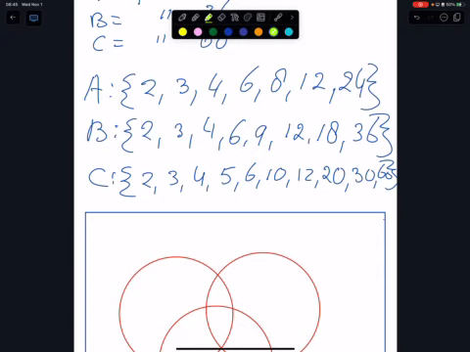I will highlight everything that's yellow that belongs to all three to make my life easier. Pink belongs to A and B. Oh no, 6 belongs to all three of them as well. Also yellow.